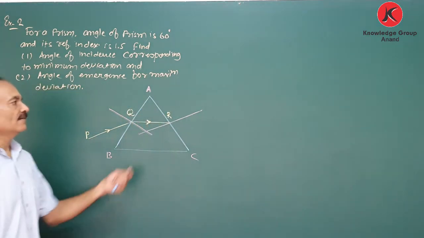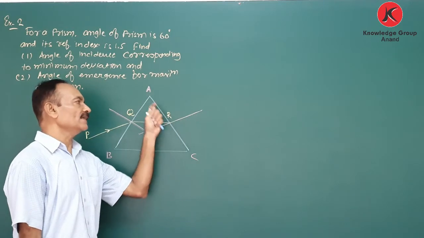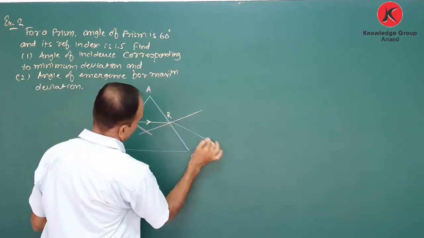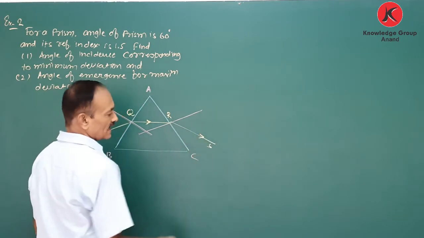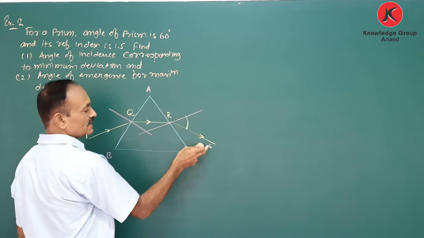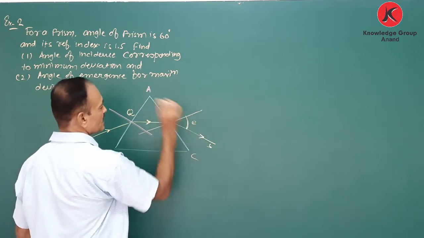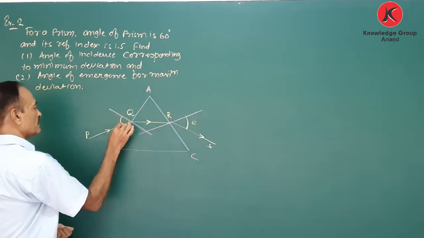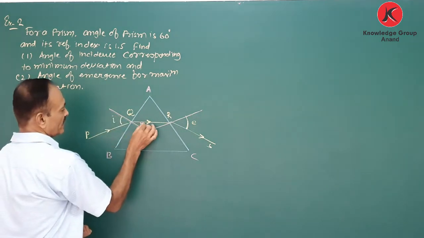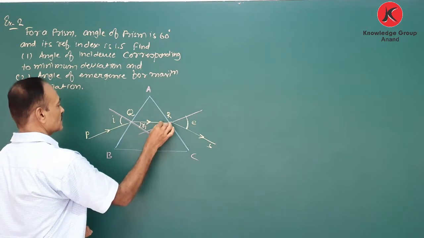This QR ray again is incident at point R on the AC surface and emerges out as a ray RS. The angle made by the emergent ray with the normal is E. That is the angle of incidence I. That is the angle of refraction R1, and that is also R2.